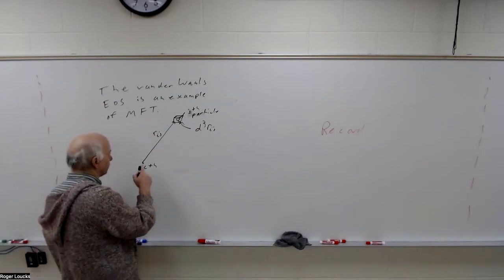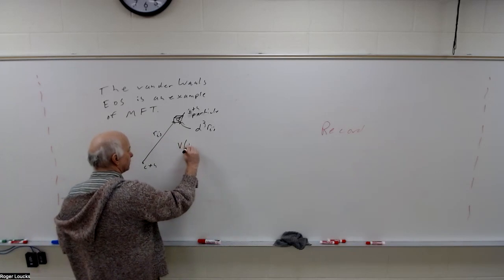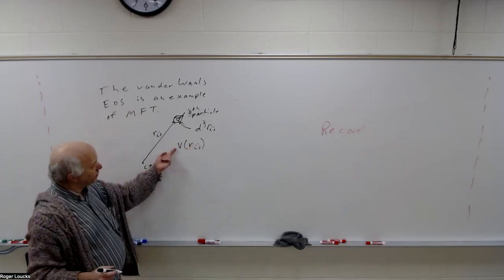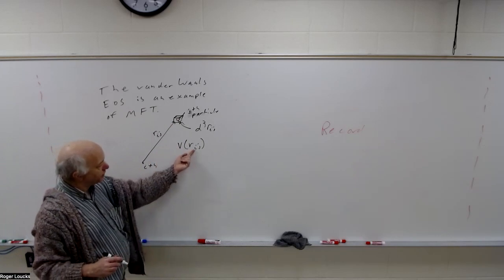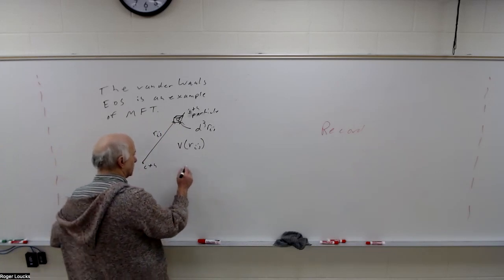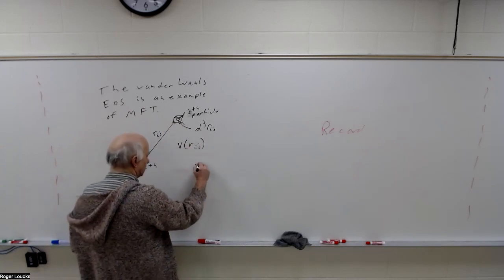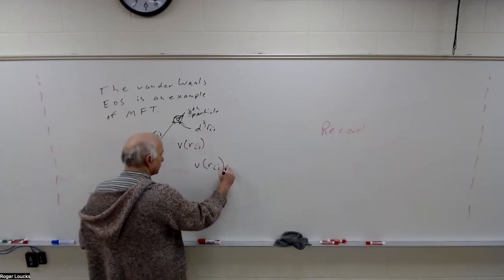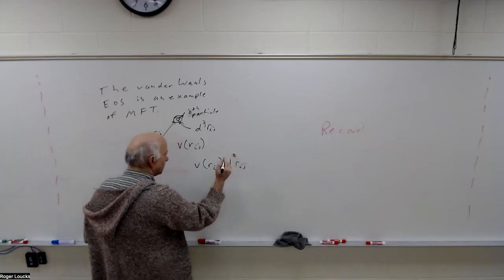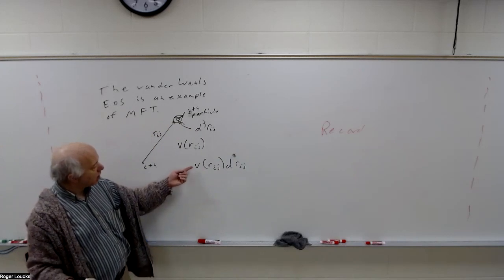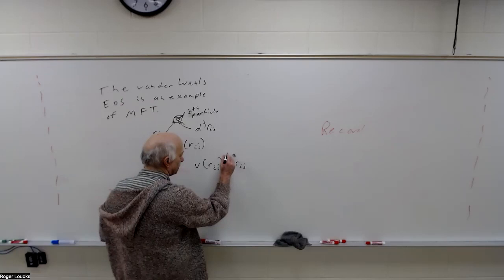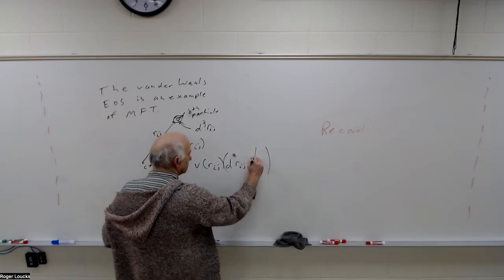We said the interaction energy between these two is Vij, the interaction energy for the ith and jth particle. There are particles in that same region, so we multiply by the number density.